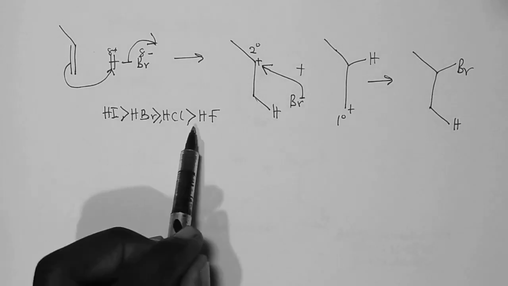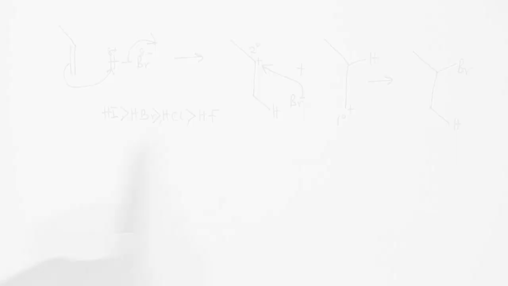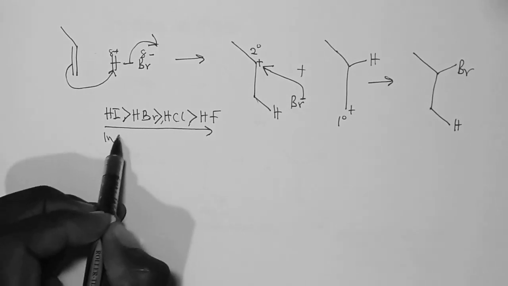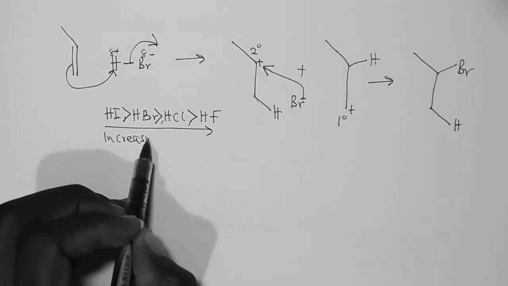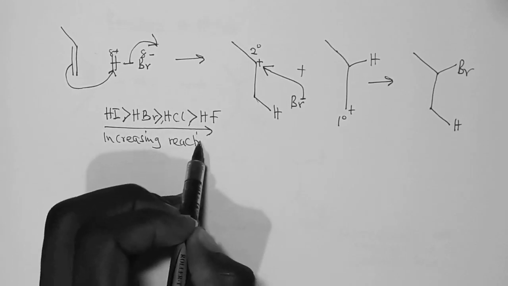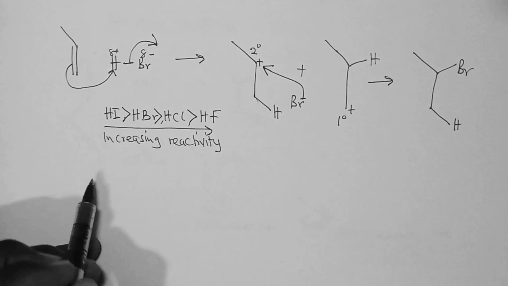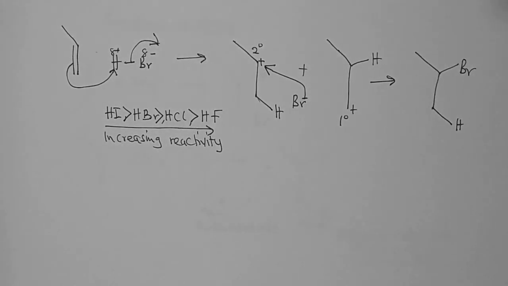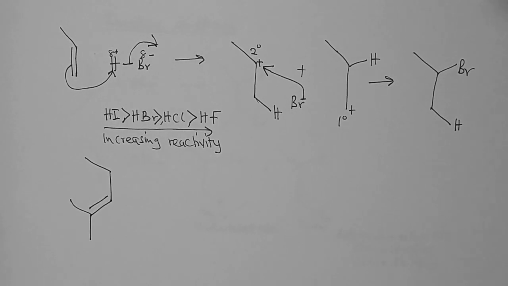So it tends to form a complete ionic bond. So this is in order of increasing reactivity, and it is also in increasing order of the acidity of the proton.